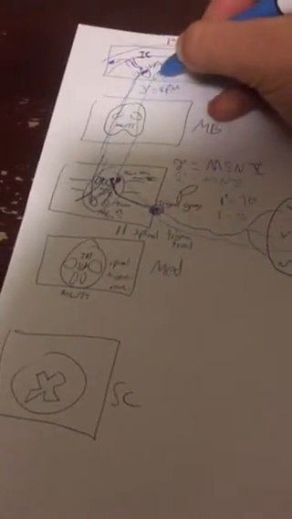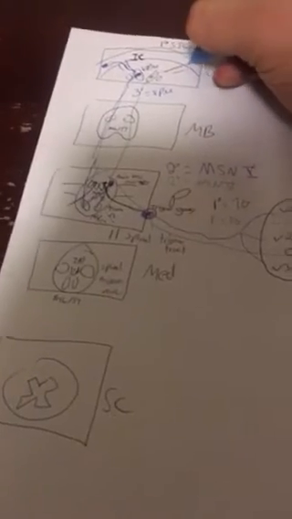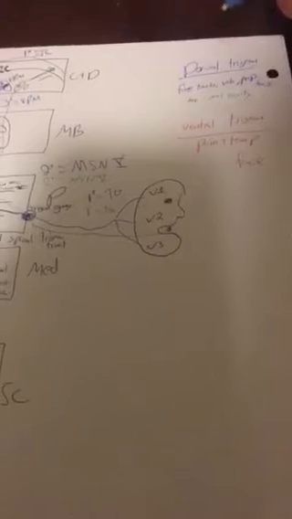So it will travel to bilateral medial lemnisci and then ascend again to VPM and into the cortex. Same on this side. So you actually get bilateral innervation of fine touch, vibration, and proprioception to the oral cavity. The rest is going to be contralateral.